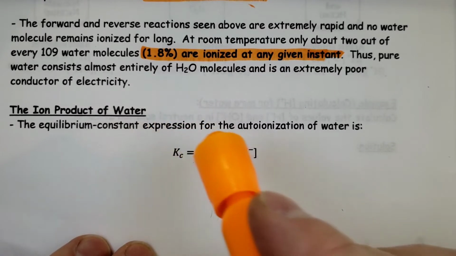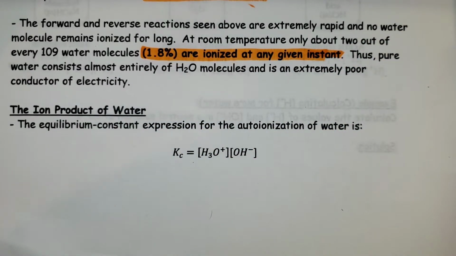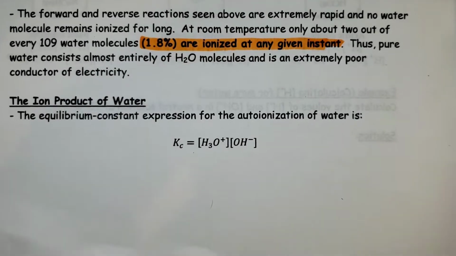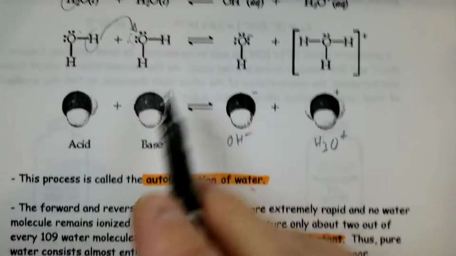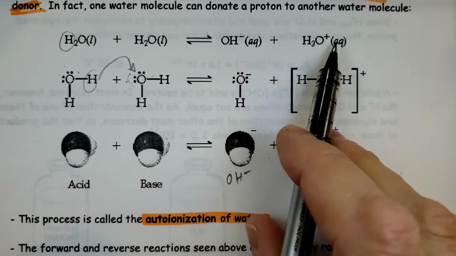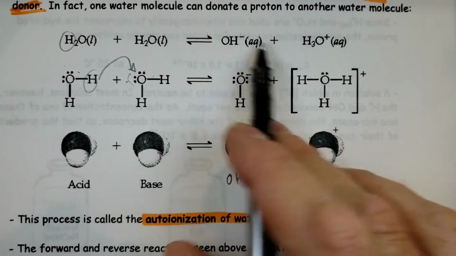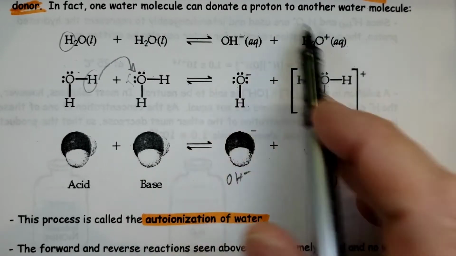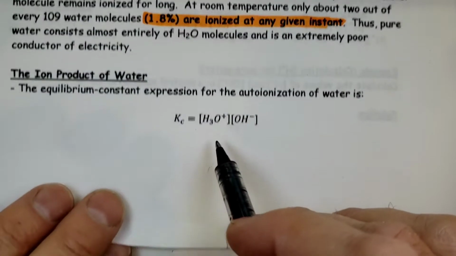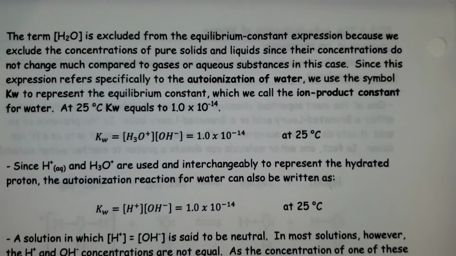That leads us to the ion product of water. The equilibrium constant expression for the auto-ionization of water would be this, because if we look over here, liquid, aqueous. In the Keq expression, remember we only include the aqueous substances or gases. So in this case, we only have hydronium ions and hydroxide ions in aqueous form.